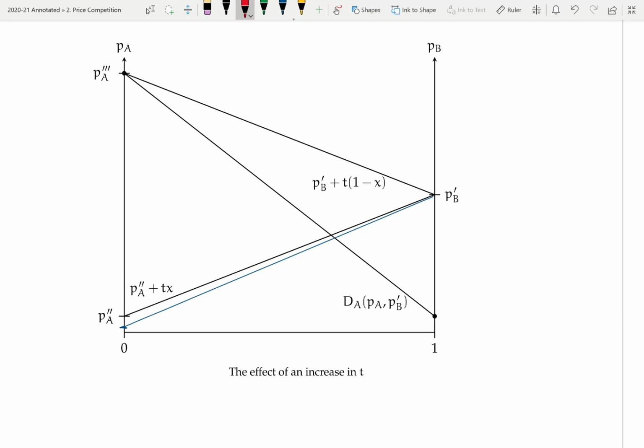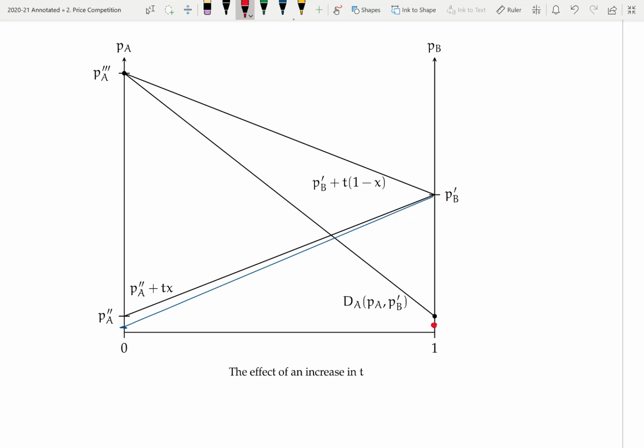So we found one point on the new demand curve after this increase in transport costs. When the price is equal to this value, the demand of firm A is 1. So this is one point on A's new demand curve. The other point we're going to find is a point on A's demand curve where its demand is 0. So now we're looking at where the delivered cost line for B intersects this axis here.